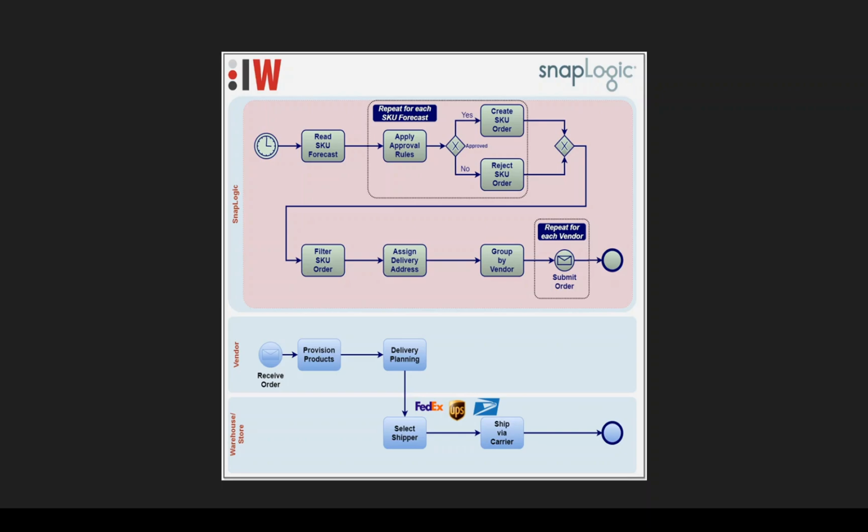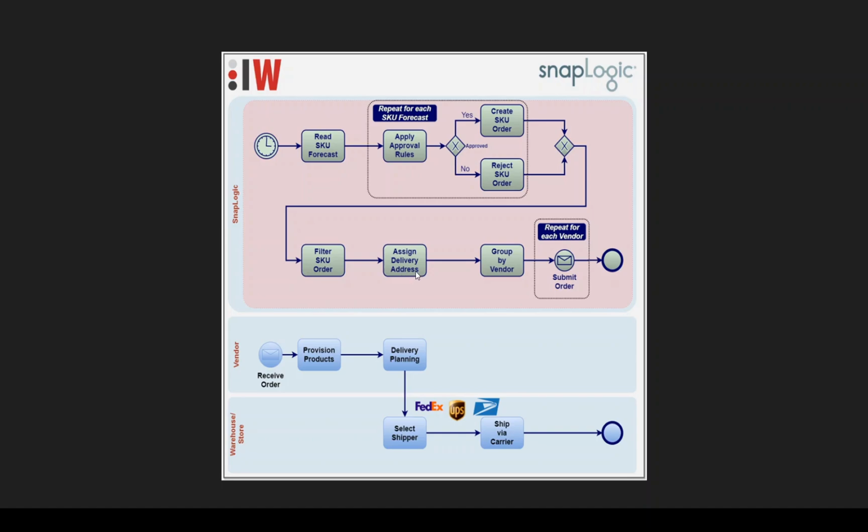So for the inventory replenishment integration, we have a scheduled pipeline in SnapLogic which takes the SKU forecasts, applies approval rules to each SKU forecast, and then processes only the approved orders. The ones that are not approved are filtered out, and then the delivery address is assigned to the order.